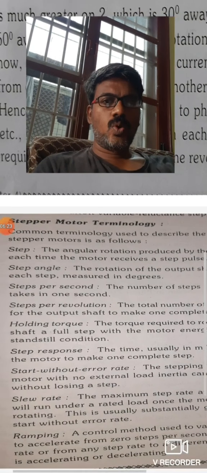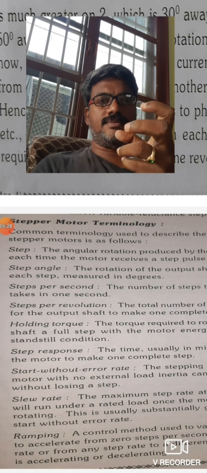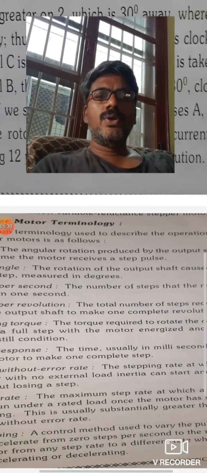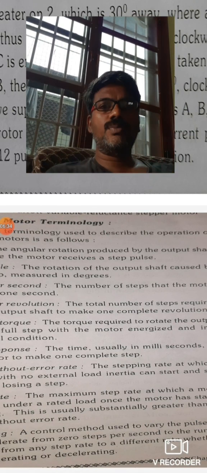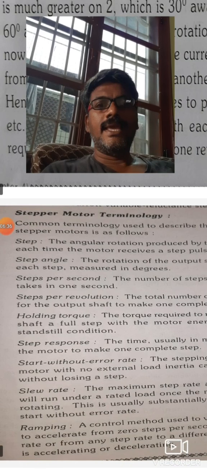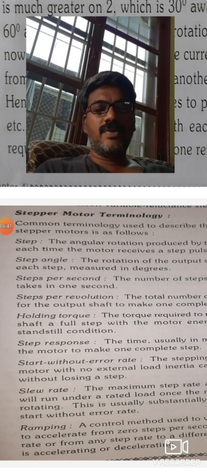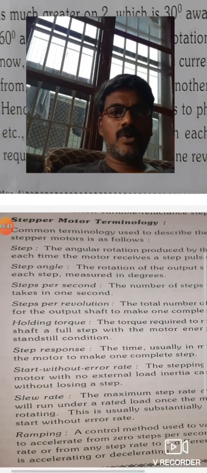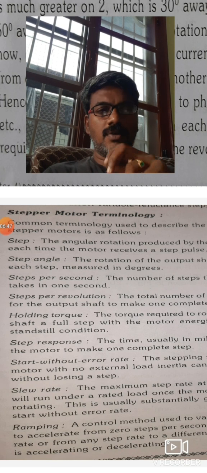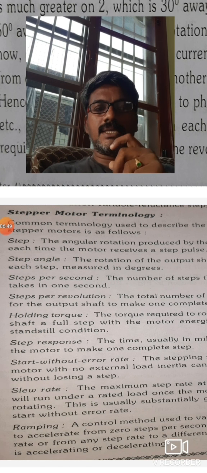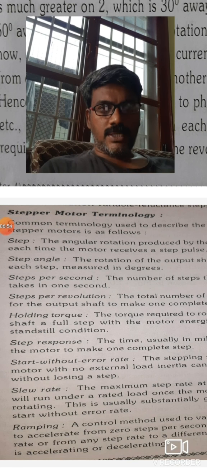A step is the angular rotation produced by the output shaft each time the motor receives a step pulse. So, very important: what is a step in a stepper motor? The angular rotation produced by the output shaft each time the motor receives a step pulse.